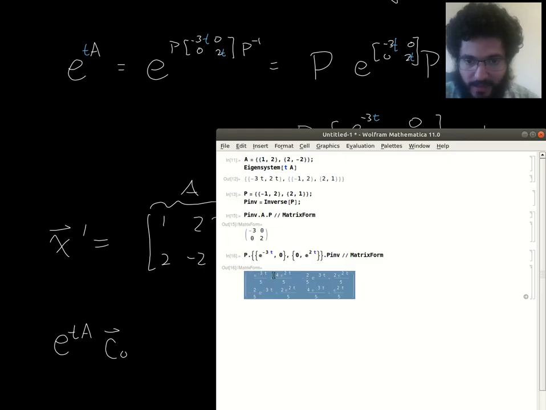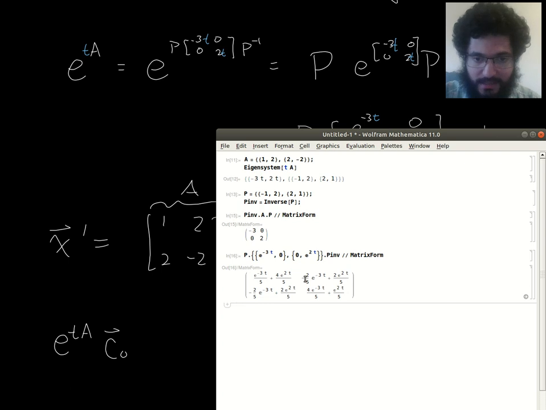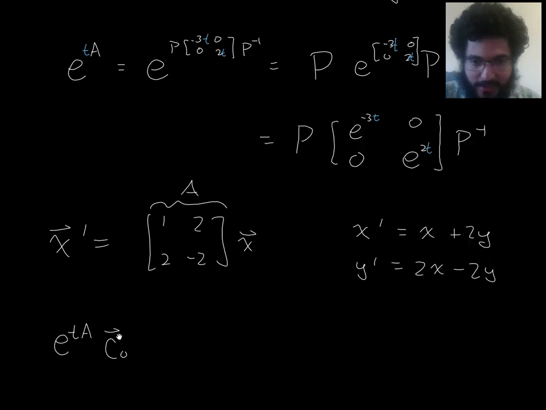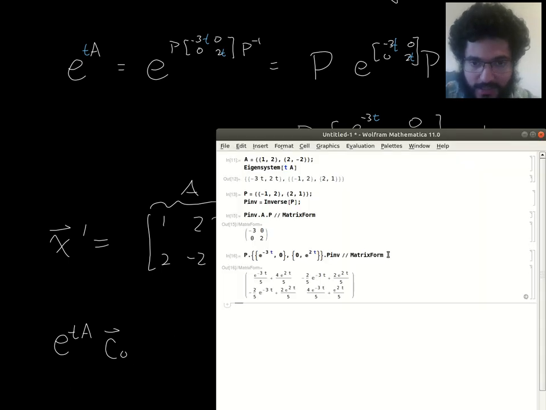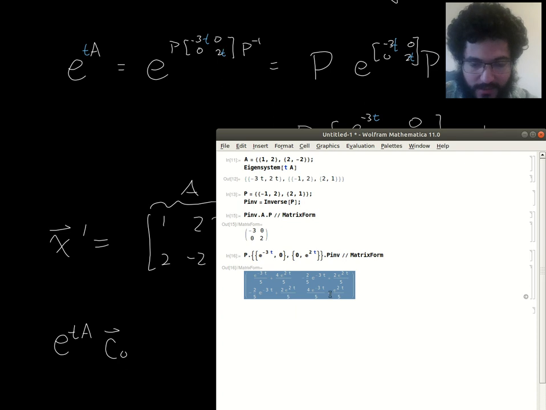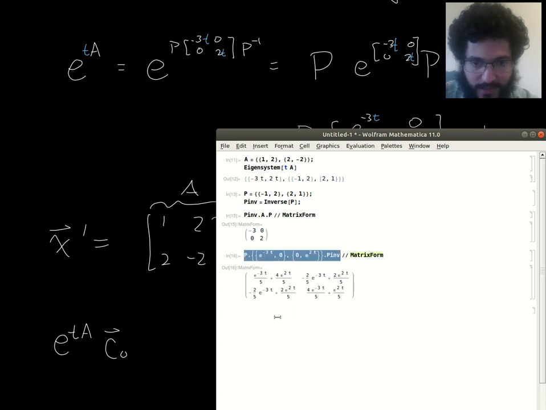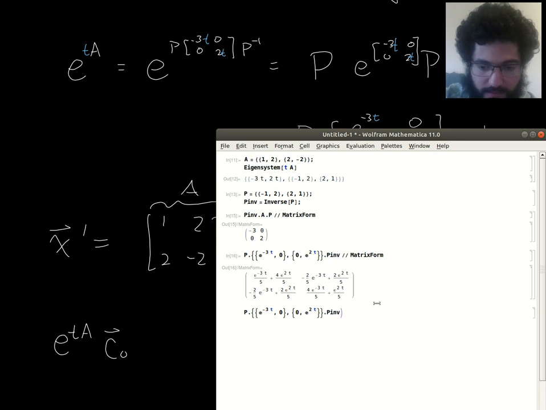It's this big thing. And that matrix, when you apply it to a vector of initial conditions, so let me take this thing that I computed. How about I just copy it from here? Or no, let me take this. So if I take this thing, this is my e to the tA.